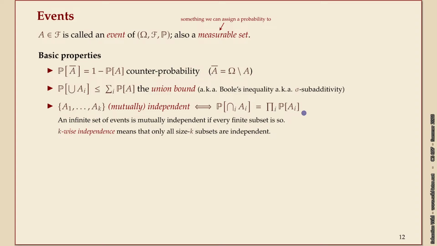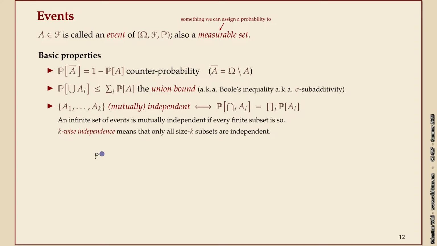You could also take, say, pairwise independence, where you only take two out of these elements and check if their intersection is the product of these two probabilities. That's a weaker notion. And you can say, in general, k-wise independence. The higher the k, the more restrictive. And mutually means k is all of them. That sometimes plays a role. It's just important to not mix those up. But they're really an easy thing.